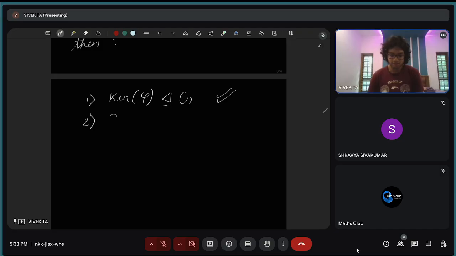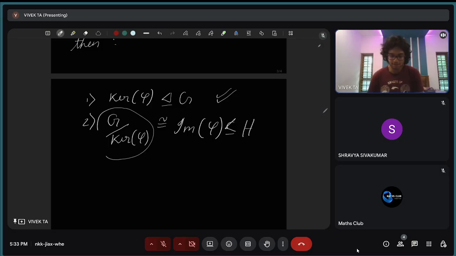The second part is G mod kernel phi, a new notation which I will explain shortly, but bear with me for a second. It is isomorphic to the image, which we also proved to be a subgroup of H. So whatever this thing is, it is defined merely by the given group and the kernel, and we can exactly predict how the image is going to behave.